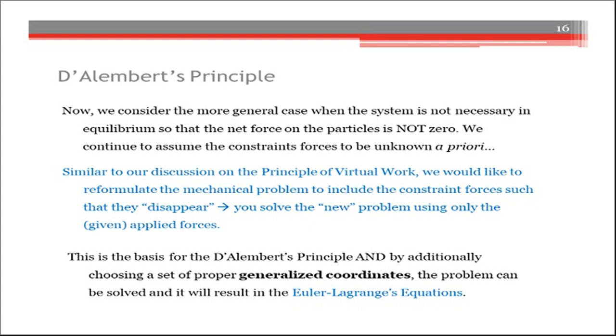We continue to assume the constraint forces are known a priori. Similar to the discussion of the principle of virtual work, we would like to formulate the mechanics problem so that the constraint forces disappear, leaving only applied forces. This is the basis of D'Alembert's principle, and by choosing the generalized coordinates accordingly, the problem can be solved with the Euler-Lagrange equation.